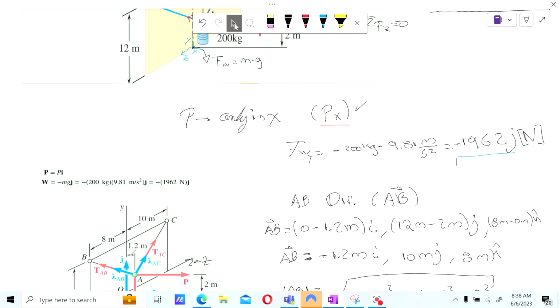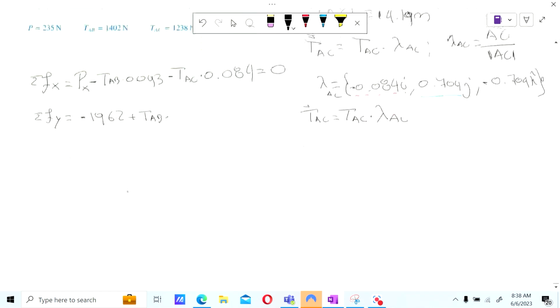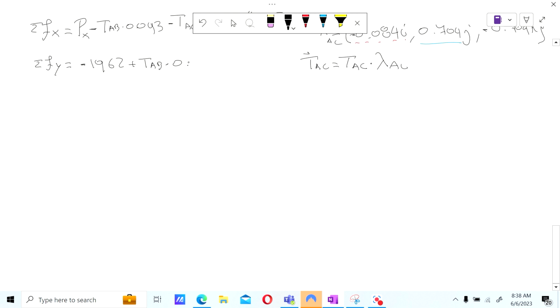So negative 1962 plus TAB times 0.77 plus TAC times 0.704 equals 0.